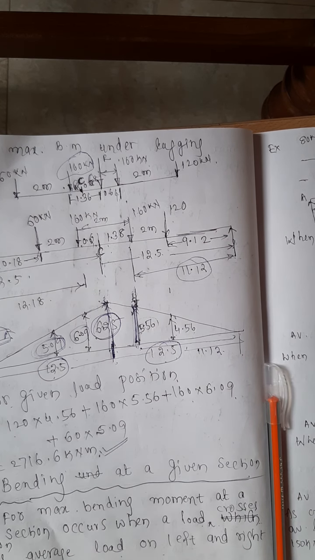This thing I'll explain to you in detail. This happens to be the most important one in this particular chapter, on which he is repeatedly asking a question. So this I'll cover in the next class. Thank you, friends.